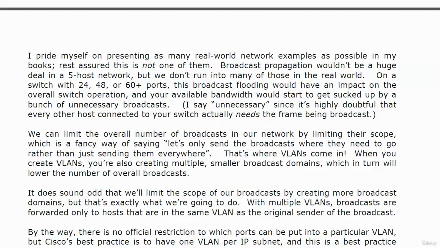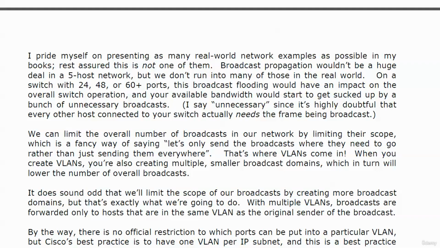Now, we can limit the overall number of broadcasts on our network by limiting their scope, which is a fancy way of saying let's only send the broadcasts where they need to go rather than just sending them everywhere. Because what are our three major kinds of traffic? We've got a unicast, which is destined for one host. We have a multicast, destined for a group of hosts.